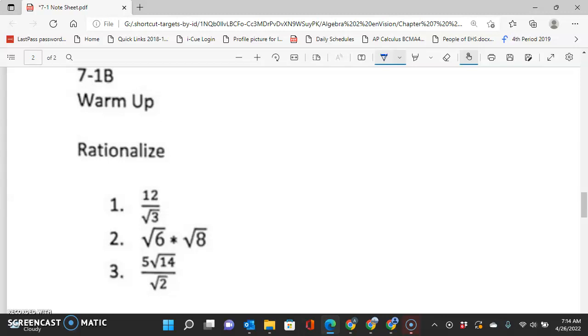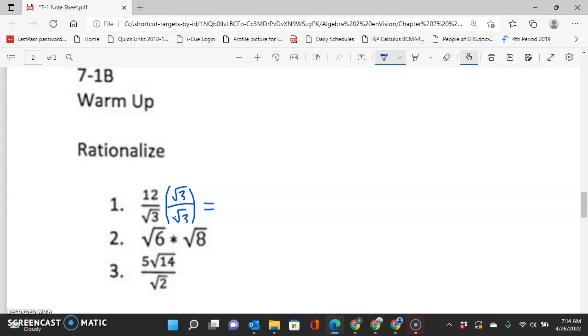So what we do is we get rid of a square root in the denominator by multiplying by 1. And the kind of 1 we multiply by is the square root of 3 over the square root of 3, just to get rid of that square root in the denominator. In the numerator, we can't multiply the 12 and the 3 because the 3 has a square root on it.